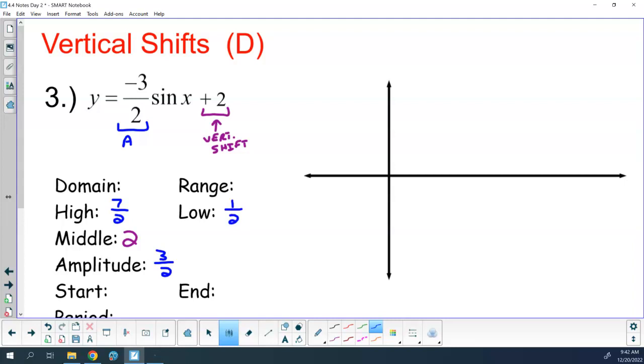Now, I'll pause for a minute here to let that sink in. So my domain is still going to be all real numbers, but now my range goes from 1/2 to 7/2.